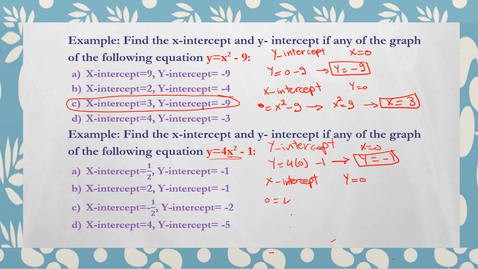So 0 equals 4x squared minus 1. Then 4x squared equals 1. x squared equals 1 over 4. And by taking the square root of both sides, x would equal a half. So the correct answer is A.